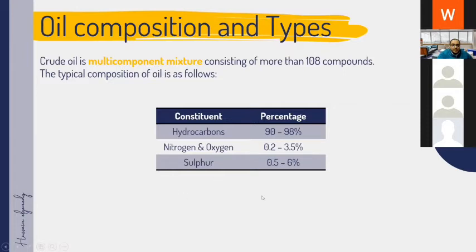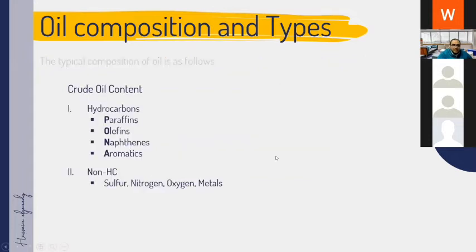Also sulfur may or may not exist in the crude oil. The percentage is 0.5 to 6%. And when we mention sulfur, we mean sulfur compounds, like H2S, mercaptans, and so on.